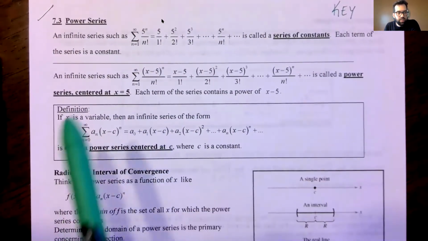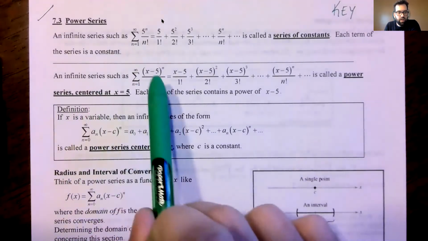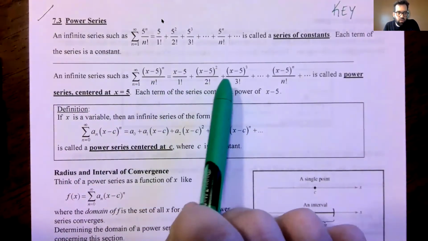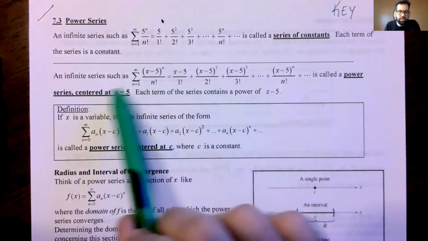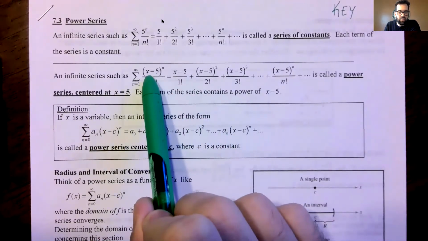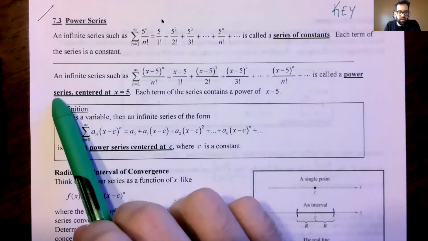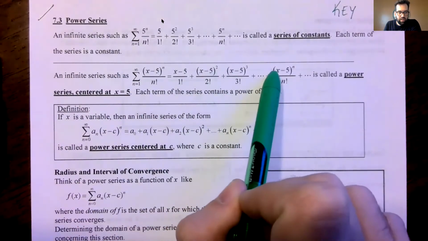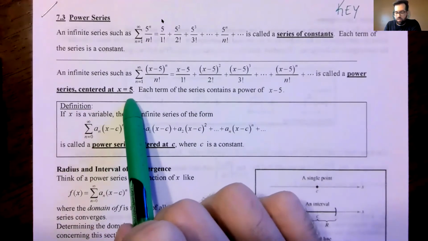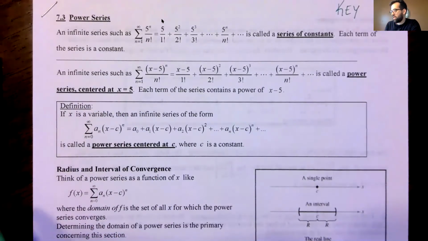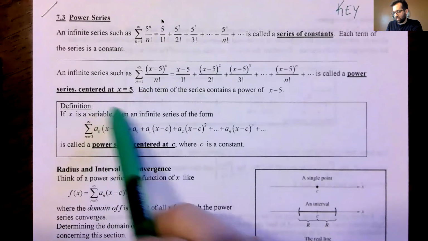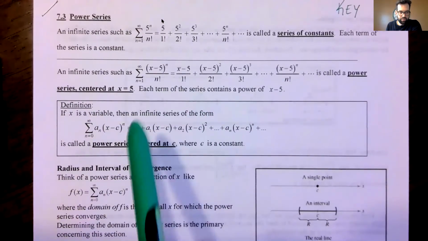But some of the series we've looked at so far this unit have had x's, right? So the general term for any infinite series that has x raised to a power of n is a power series. And this specific series listed here is centered at x equals 5, just like we talked about with the Taylor polynomials. We're centered at a specific number.